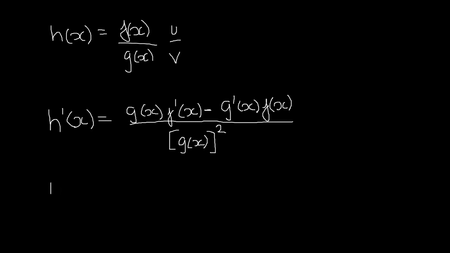That means h prime of x is equal to g of x, which is v, and f of x is u, but because we are differentiating it, it will become u prime, minus g of x, which is v, so if you differentiate g of x, then you'll get v prime, and f of x is just u, all divided by g of x, which is v, squared, so v squared.